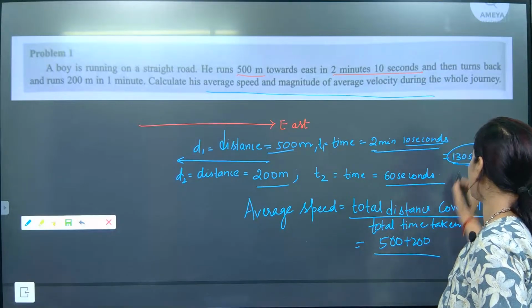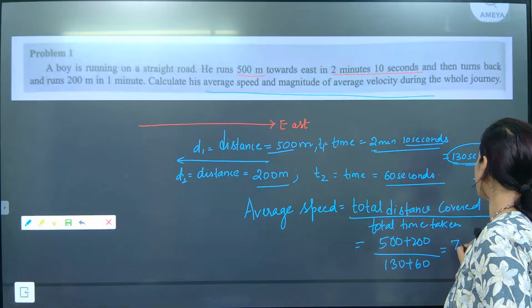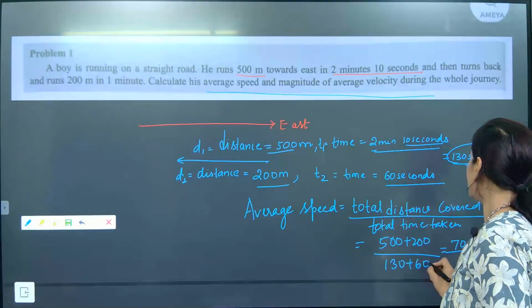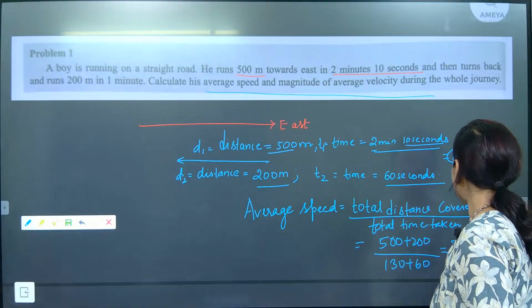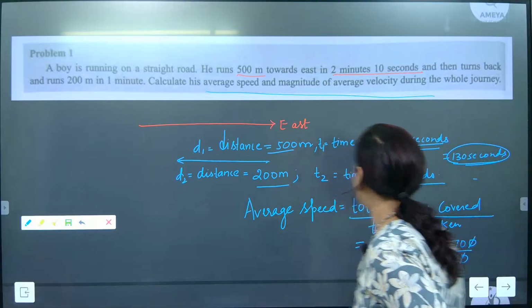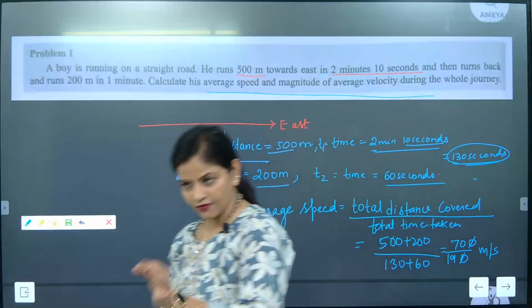And total time is 130 plus 60. So how much is it coming? 700 by 190 meter per second. This is the average speed.